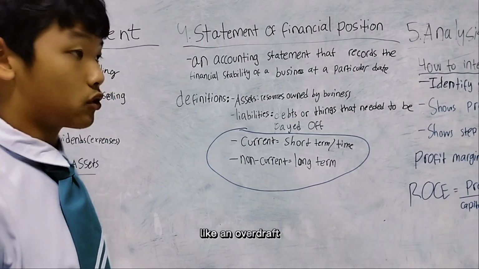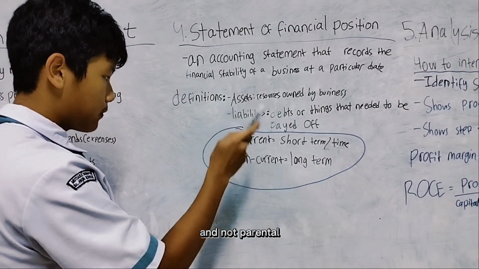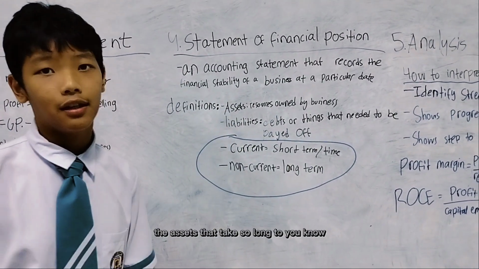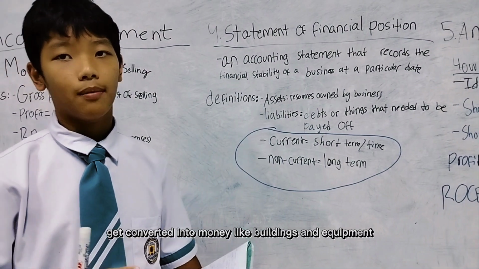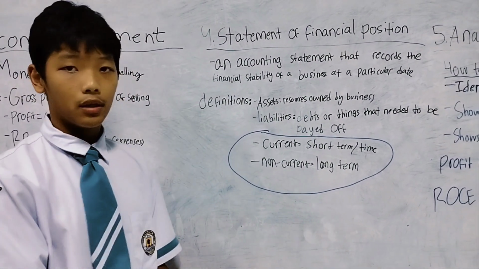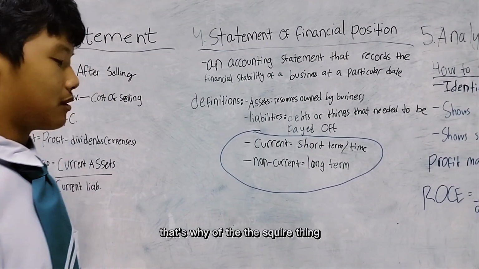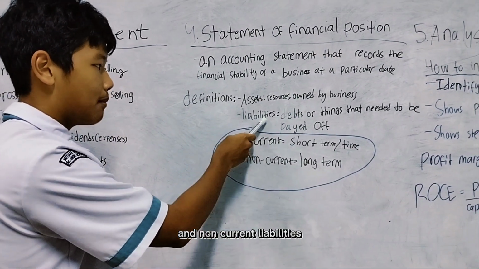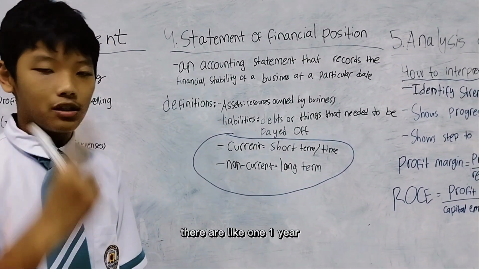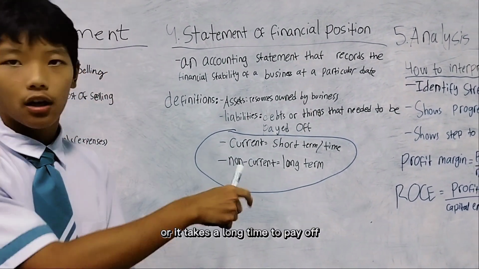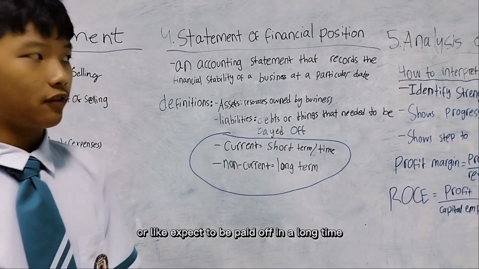Non-current assets are the assets that take so long to get converted into money, like buildings and equipment. And non-current liabilities are the debts that take a long time to pay off, or are expected to be paid off in a long time.